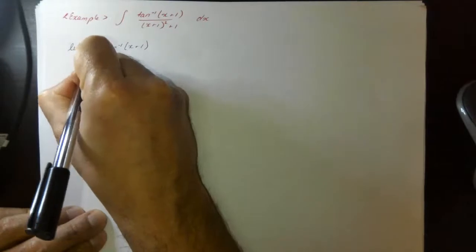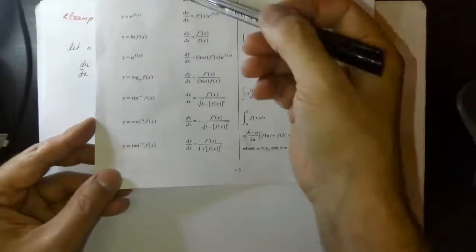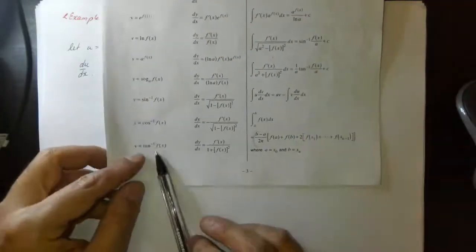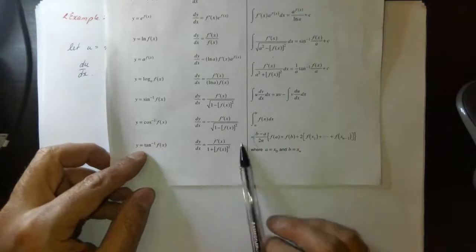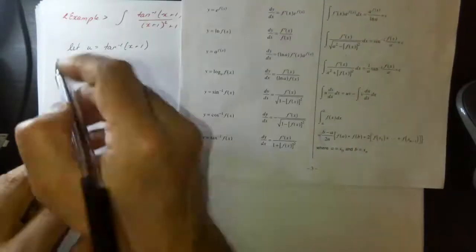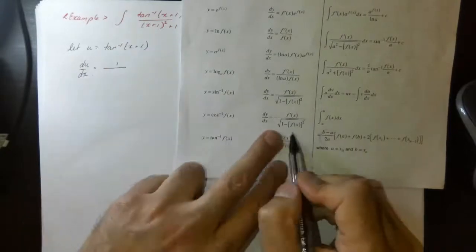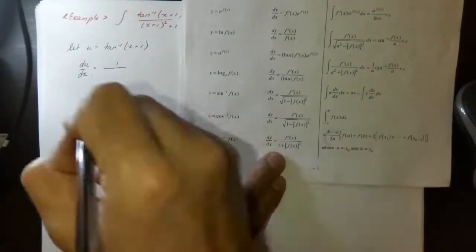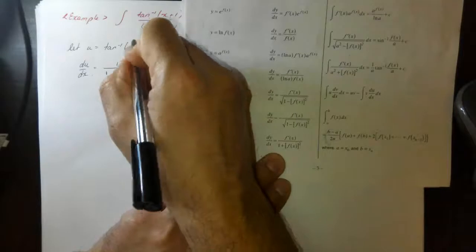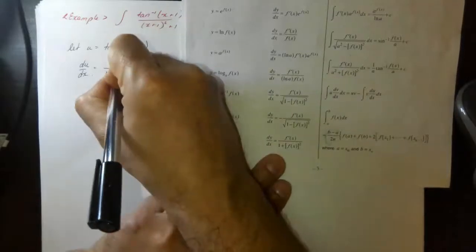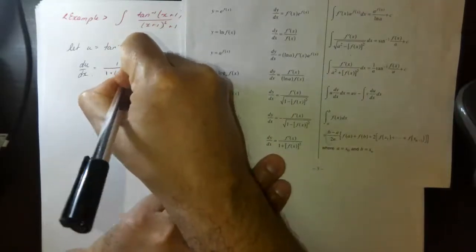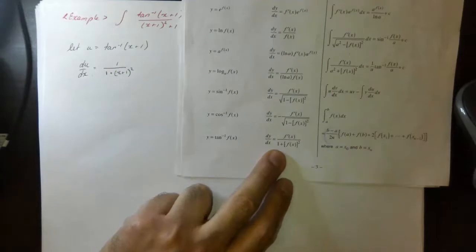So du over dx of inverse tan, well, that's on our formula sheet. If we look down our list, it's page 3. So the derivative of inverse tan of f(x) is the derivative of f(x) over 1 plus f(x) squared. So the derivative of x plus 1 is 1 over 1 plus all that squared.